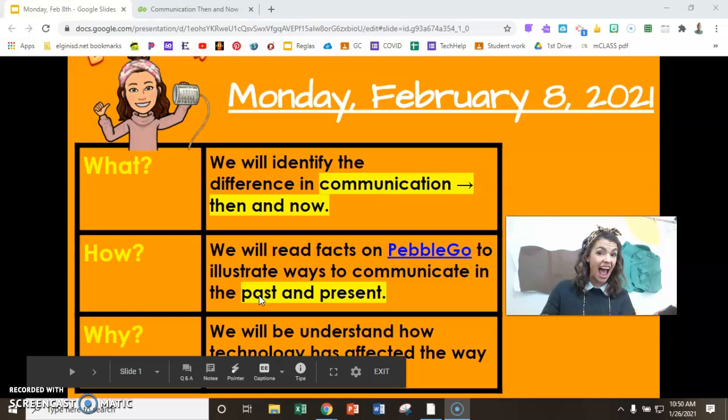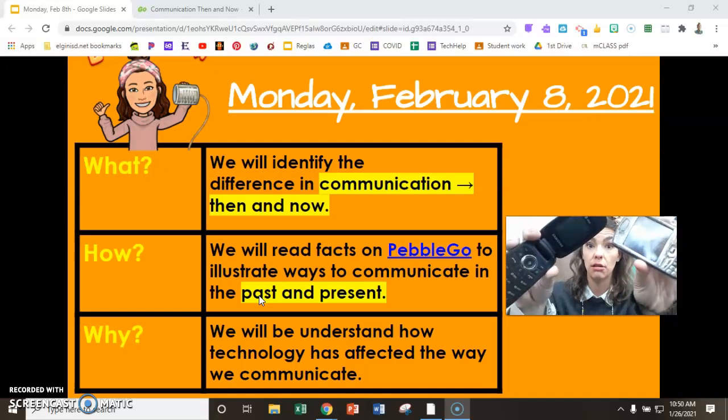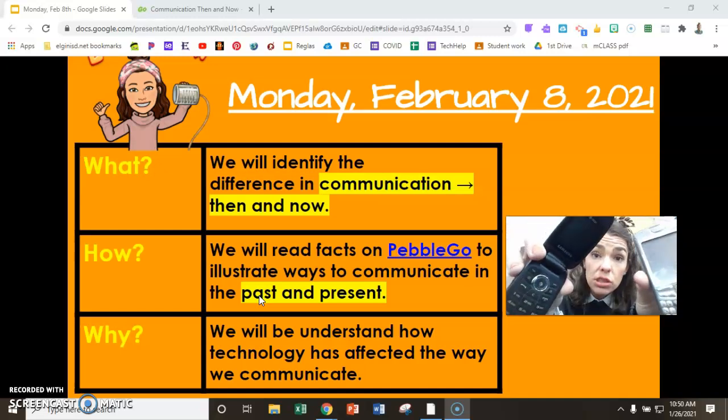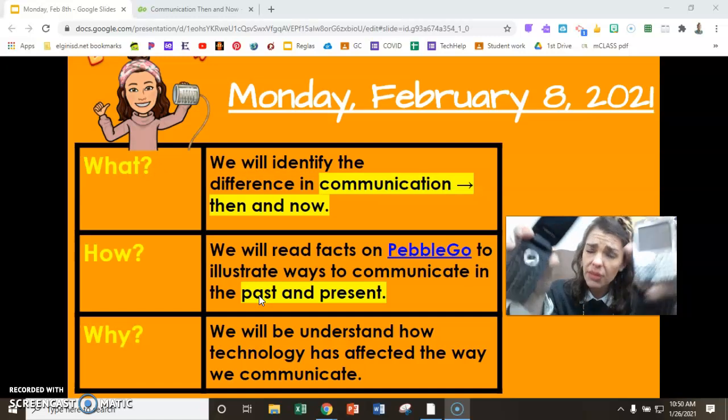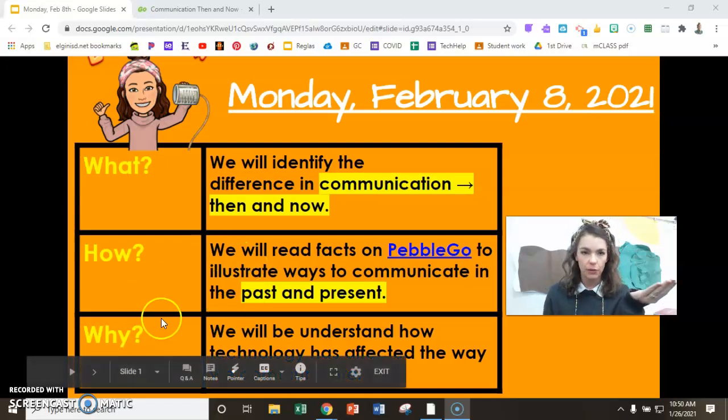Today, we communicate with iPhones. In the past, a long time ago, they had all kinds of different looking technology for communication. Have you seen any of these before? We'll see lots of cool ways to communicate today on Pebble Go. Why are we studying this, my friends?